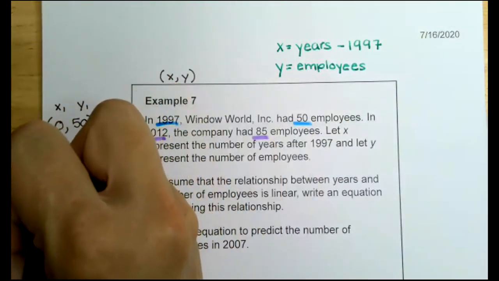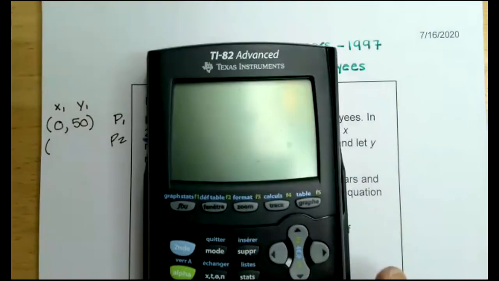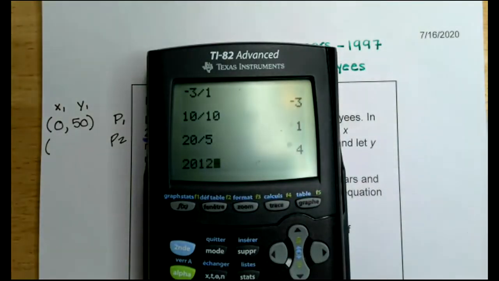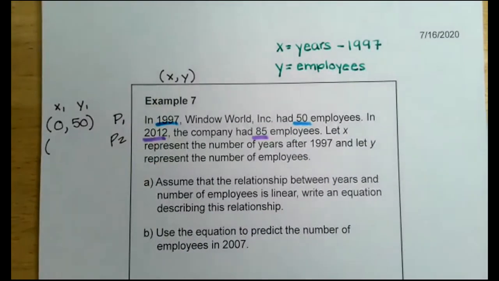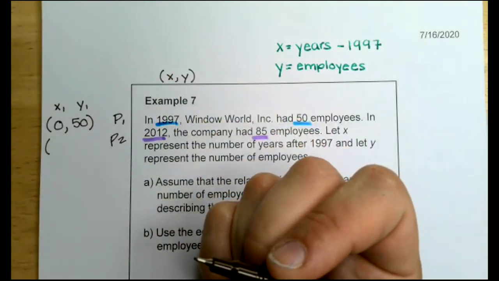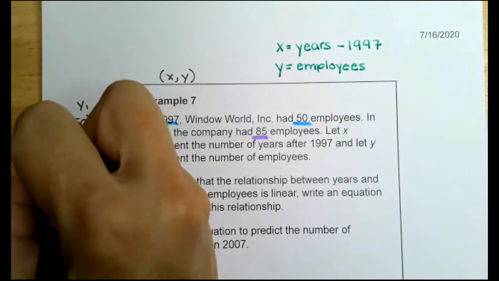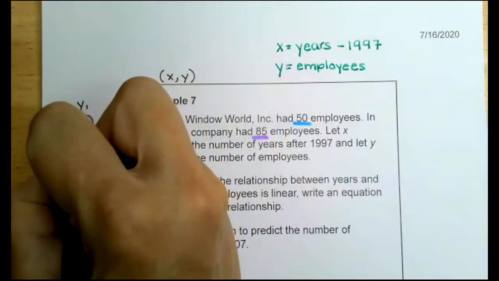Point 2. X is years minus 1997. 2012 minus 1997 is 15, and 85 is our employees.